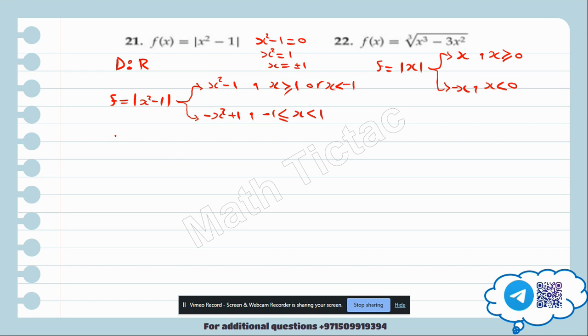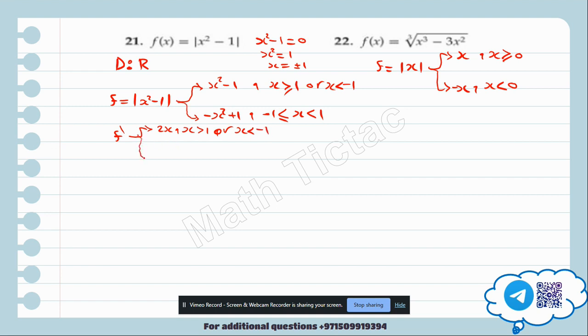Now we can find the derivative. So f prime is equal to the derivative of the first one, which is 2x, when x is greater than 1, or sorry, when x is less than minus 1.